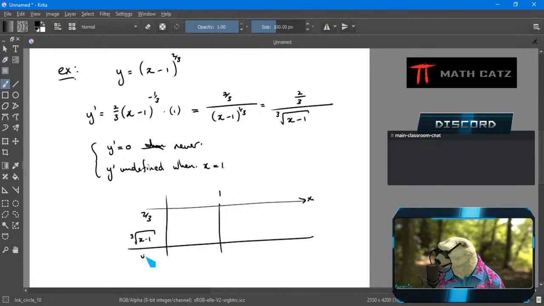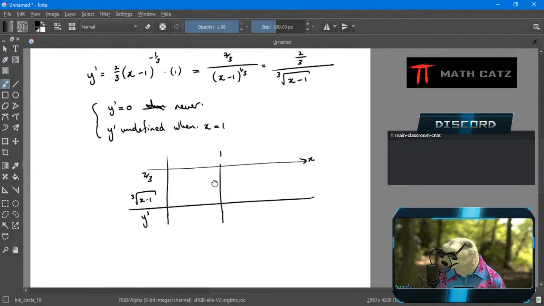Together, they combine by way of multiplication and division to give me my derivative function. Now 2/3 is always positive, not a problem there, but I don't want to miss anything here. If that 2/3 was a negative 2/3, then it plays a bigger role. So I just get into the habit of listing absolutely everything I see in my function.